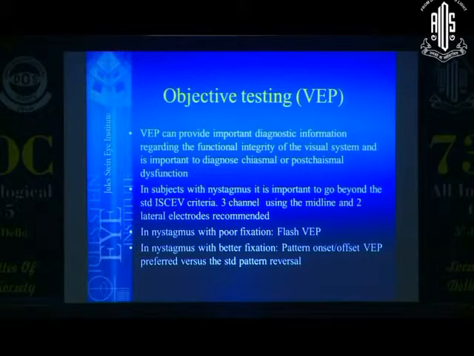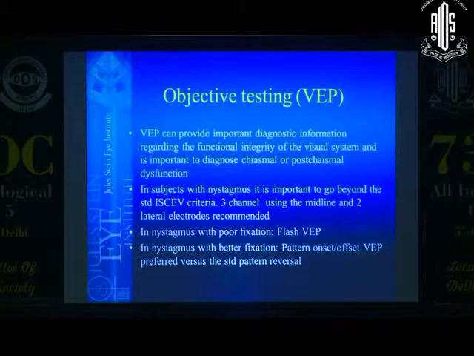Going to the objective testing, visual evoked potentials are an important part of an evaluation of a case with nystagmus, and obviously it gives us more information regarding the functional integrity of the visual system. It helps us understand where the dysfunction is, and it's recommended that the standard protocol be slightly altered, and you use the 3-channel system with 1 electrode in the midline and 2 on the lateral.